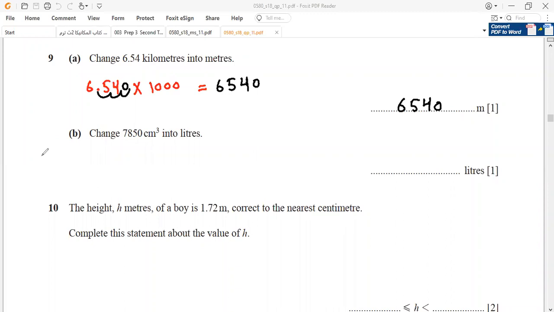We know that 1 centimeter cube equals 1 milliliter. If we multiply by 1,000, we get 1,000 centimeter cube equals 1 milliliter multiplied by 1,000, which gives us 1 liter. So we know now that 1 liter is 1,000 centimeter cube.